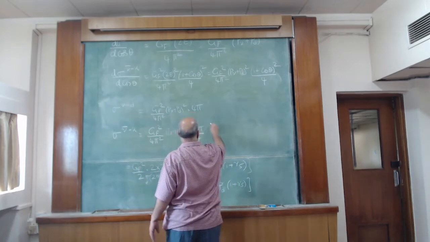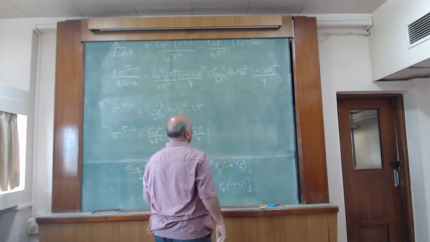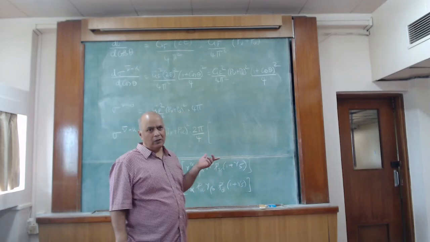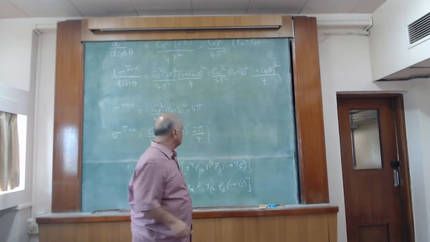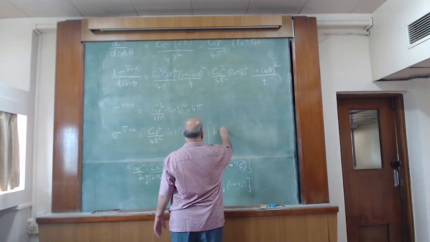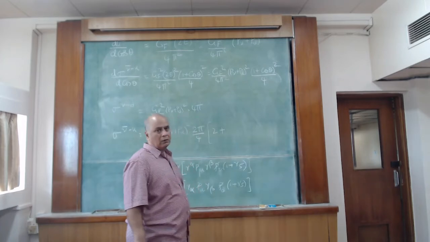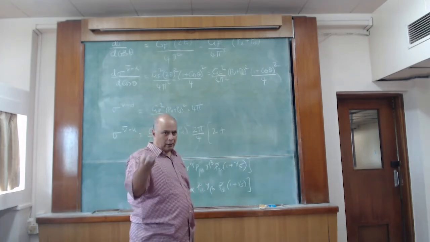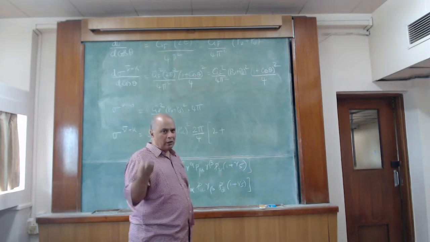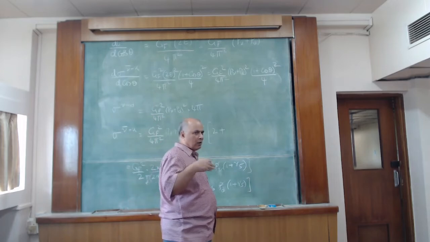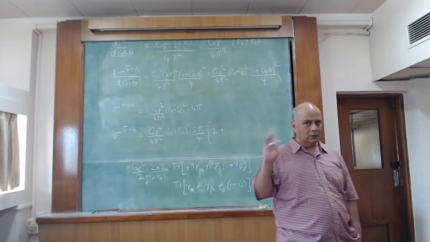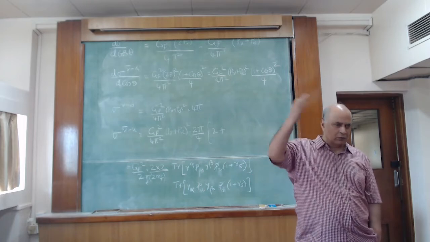So when I expand, first I get 1, the integral of 1 gives me 2. Then I get 2 cos theta, and the integral of 2 cos theta is cos square theta, but cos square theta evaluated gives me 0.